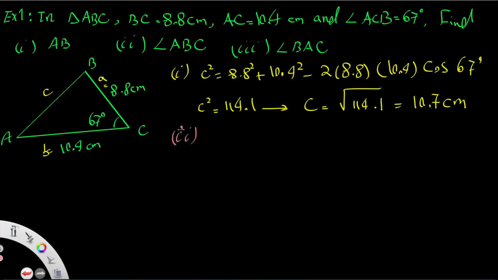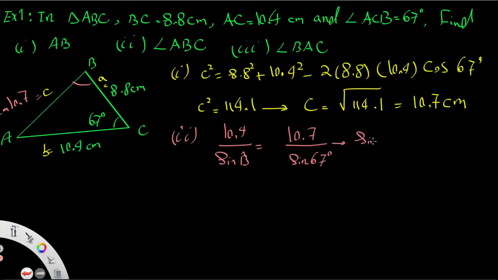Now, second part, let me write it in the diagram, 10.7 centimeters. Second part wants you to find angle ABC, which is this angle. I can easily use sine rule. 10.4 over sine of B is equal to 10.7 over sine of opposite angle, which is 67.